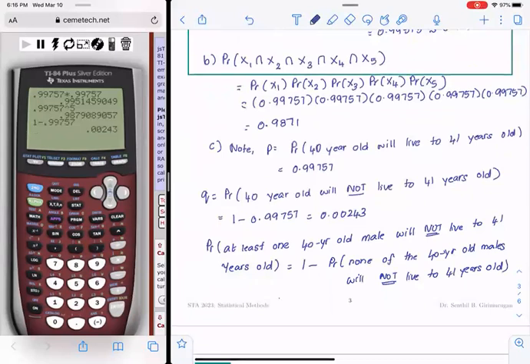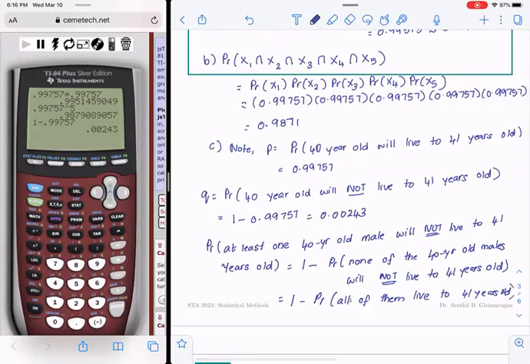So semantically, if none of them will not live to 41 years old, it's the same as saying all of them live to 41 years old. So you can see the translation as to how I went from the probability that none of the 40-year-old males will not live to 41 years old simply means all of them aged up to 41.